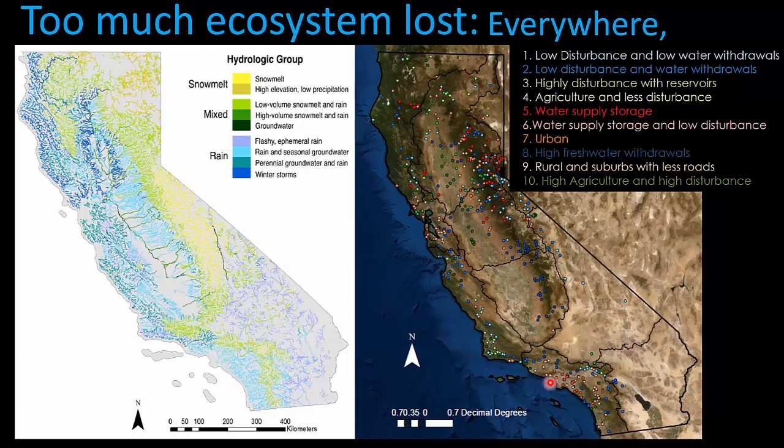The fingerprint of how the water used to flow throughout the year and throughout different years has changed from these natural snow, rain, and mixed signatures to signatures that have a clear distinction for urban runoff, for water supply and storage, for agriculture, and high disturbance flows.